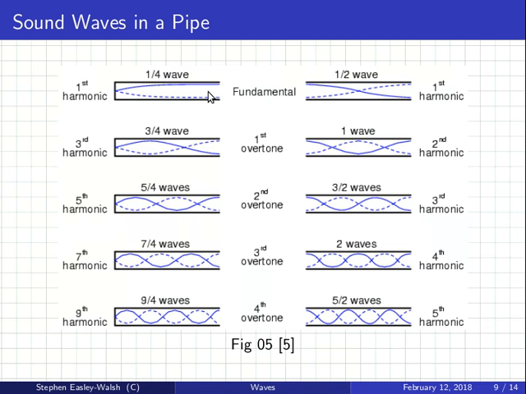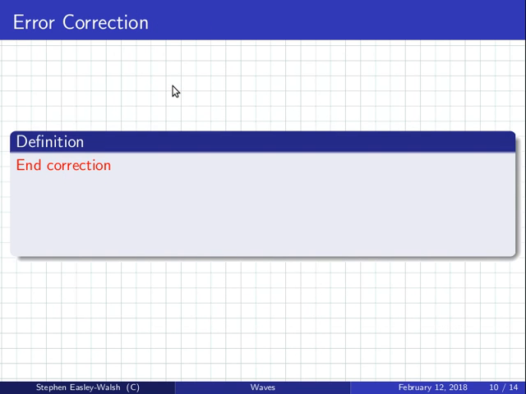It looks like it's perfectly 1/4 of a wave here. In fact, in real life, this wave actually falls a little bit outside. So the length is not actually 1/4. There's a small error. And this error is called the end correction.